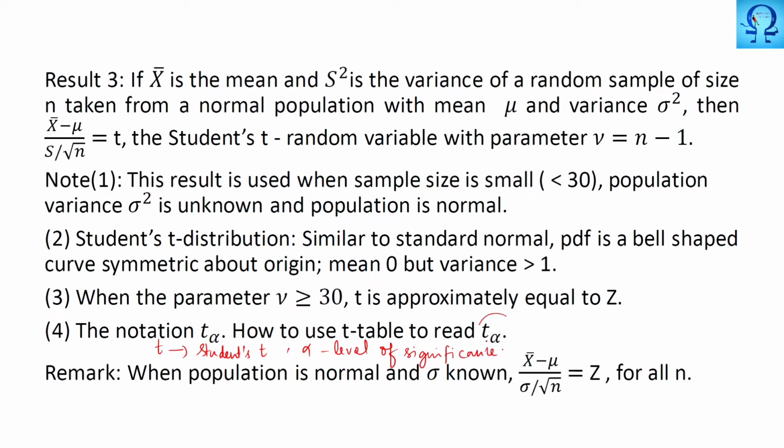We have a table for this t distribution as well, and we'll have to read the values from it. When the population is normal and we know the sigma value, then there is no harm: for every n, standard normal will work. When we don't know the variance of the population, then we'll have to carefully choose whether to use student t or standard normal.